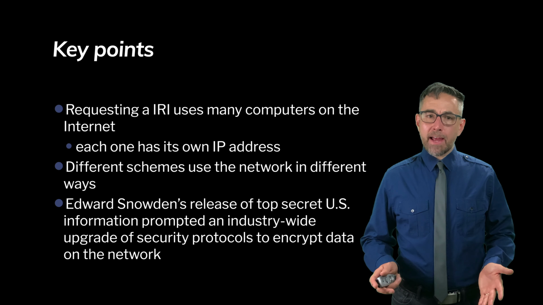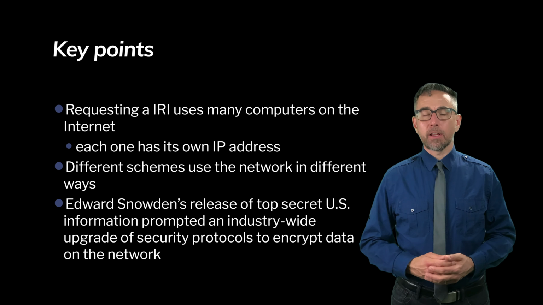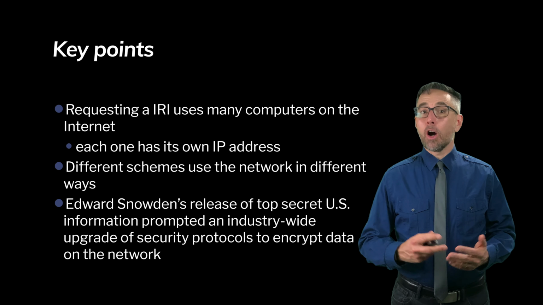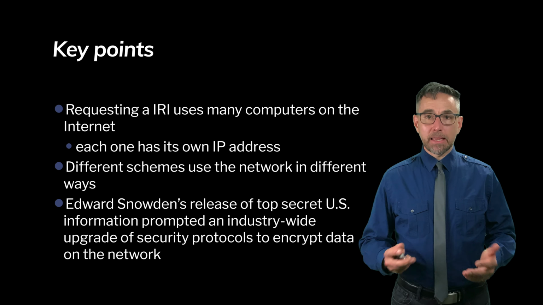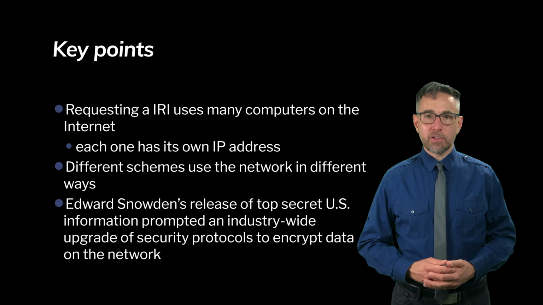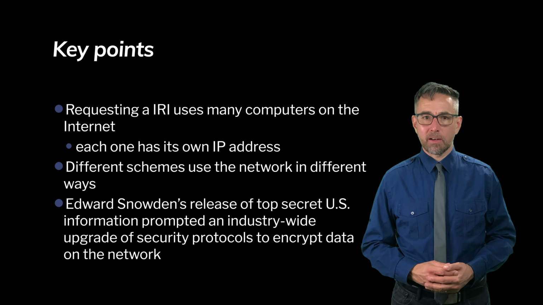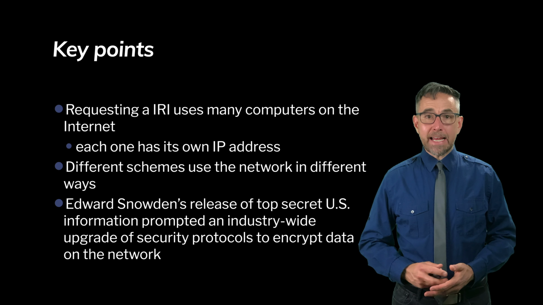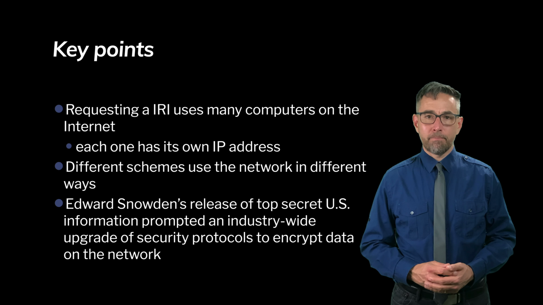Okay, so to summarize, when you request an IRI, an internationalized URL, when you request a web page, for example, from another server, many computers have to collaborate in order to deliver that information to you. All the nodes on the path from the origin to the destination. Each one of those computers has its own IP address, and in many cases, they also have a domain name.